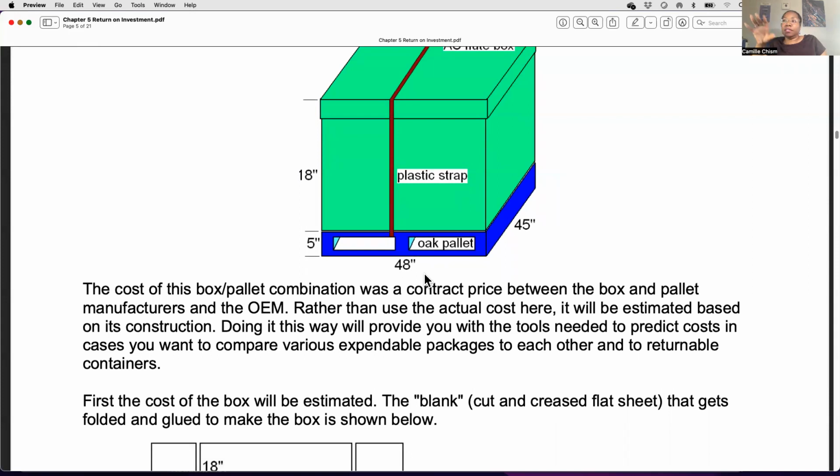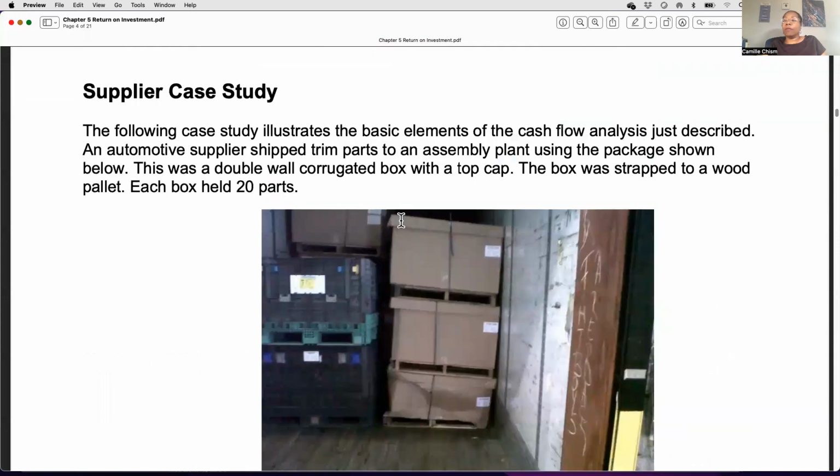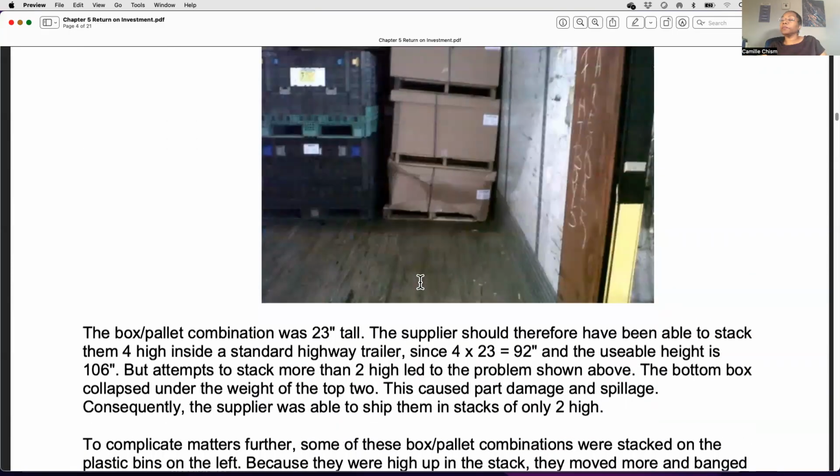Because you see this right here, this box, and you see there's compression, maybe this OEM is receiving other parts in the same box. So they're able to say, okay, this supplier is only using 500 boxes, but in general, all of our suppliers are using 10,000 of these boxes, so they can get a much better price for it.